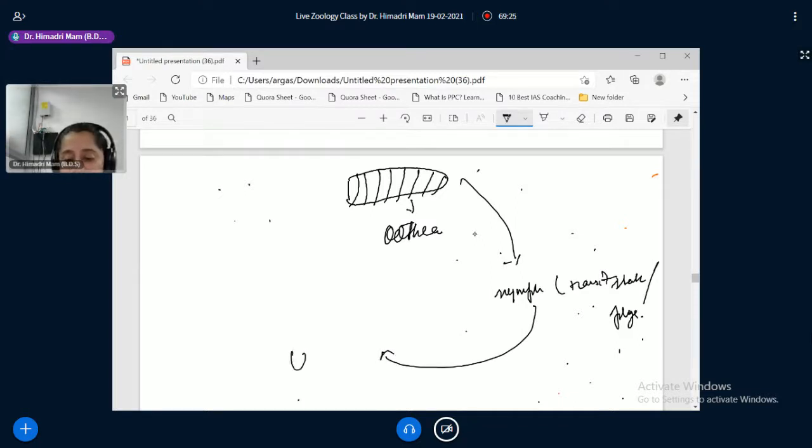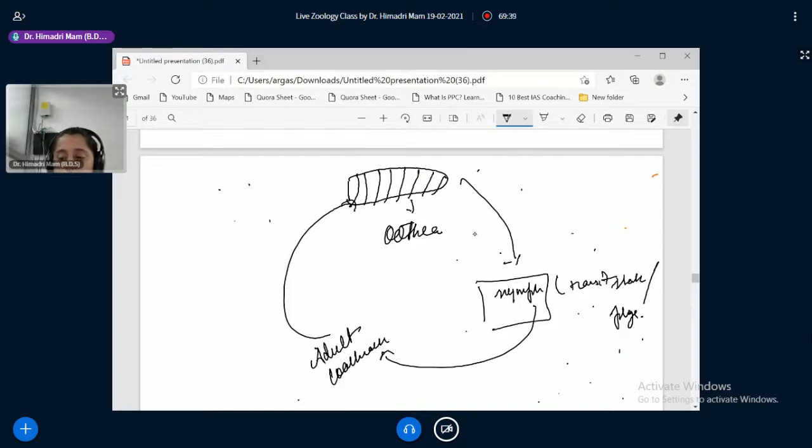Then we have the cockroach, the adult one. So this is the life cycle of the cockroach. Right, everybody? Clear? Now we'll talk about the frog.